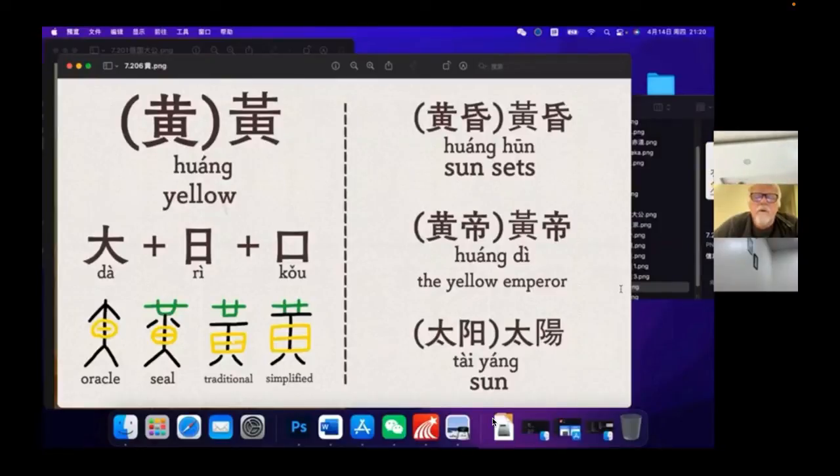And in Huang Di, the Yellow Emperor, we know he was a mythical person. No such real person could exist. But could he be the manifestation of the sun god?